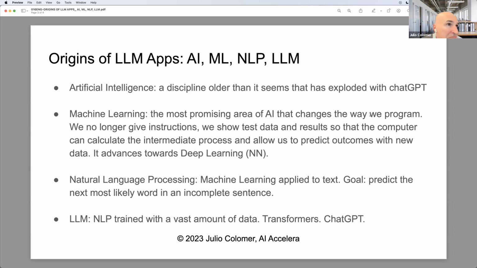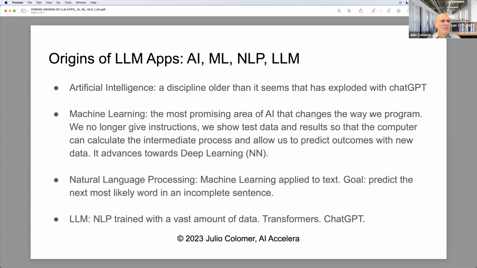The only thing you need to know, you don't really need to know this, but just to have basic knowledge, you may know that artificial intelligence is a discipline that is older than it seems and that has exploded with ChatGPT.